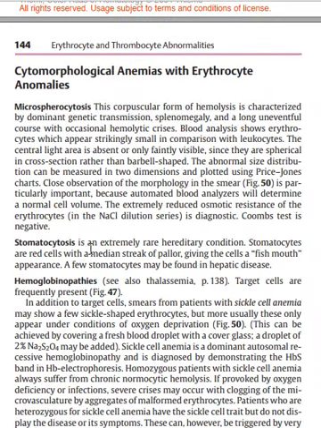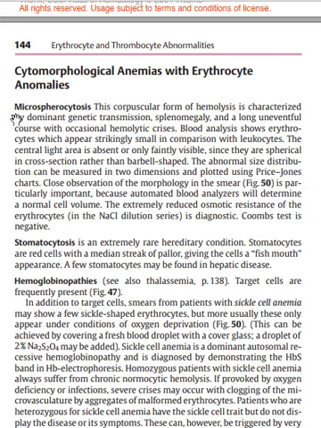Now we have cytomorphologic anemia with erythrocyte abnormalities. So this is an anemia where you are going to have different morphology of the red blood cells. Is it clear? The anemia is with changes in the morphology of red blood cells.